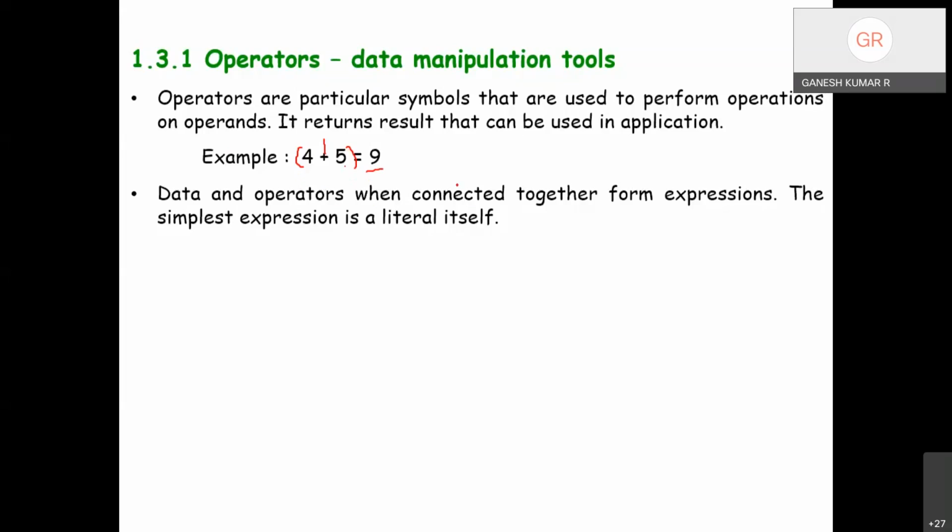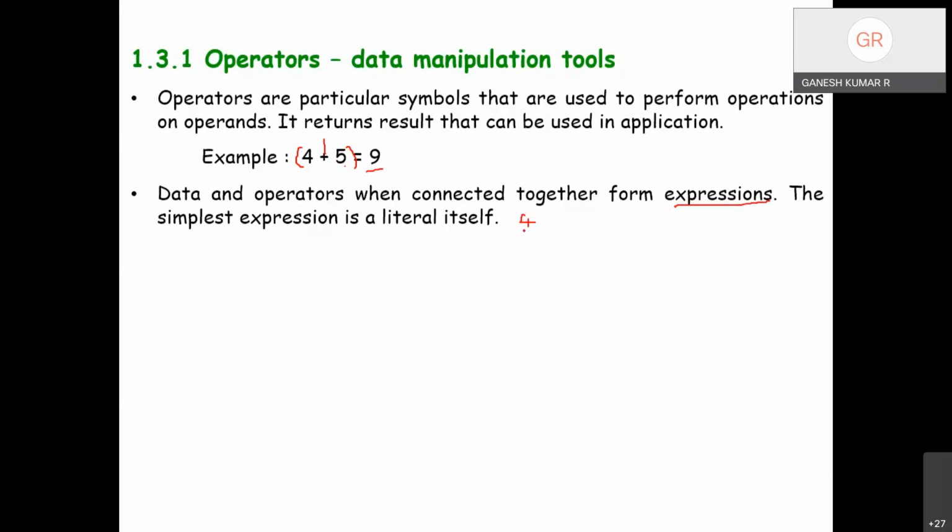The simplest expression is the literal itself. A literal is a value that defines itself. For example, 4 is a literal, meaning a data, so it's a simple expression. Data and operators together form an expression.